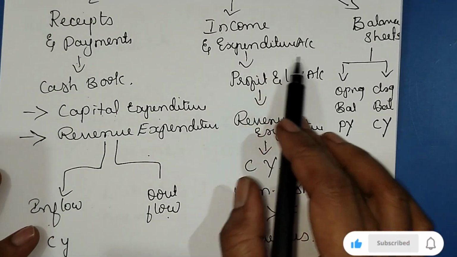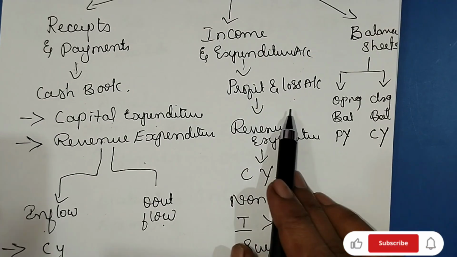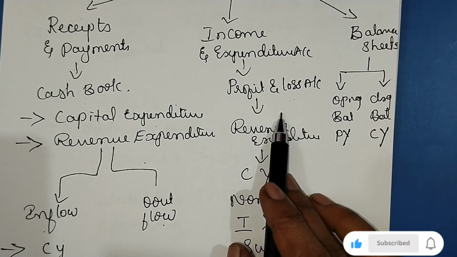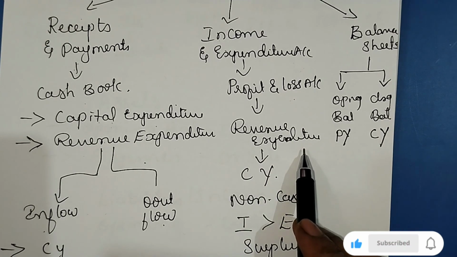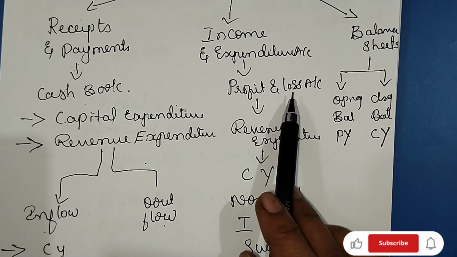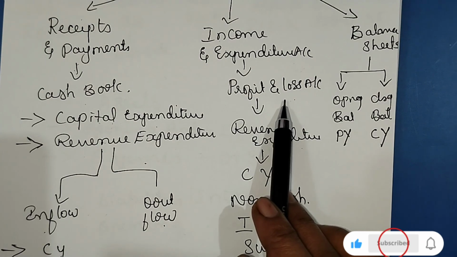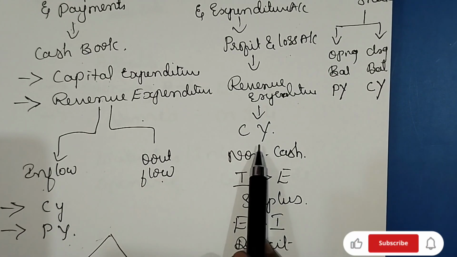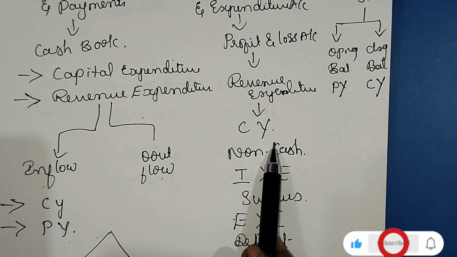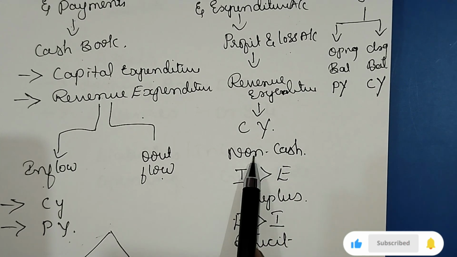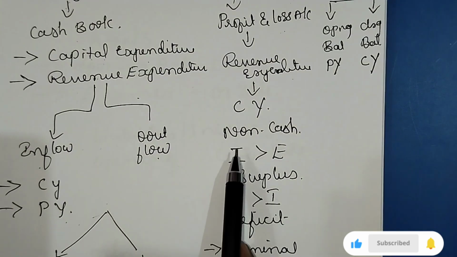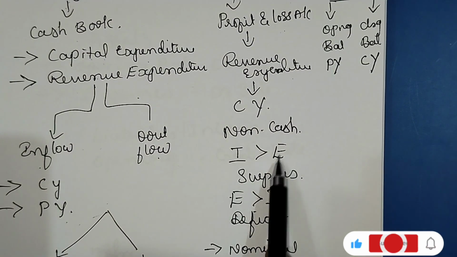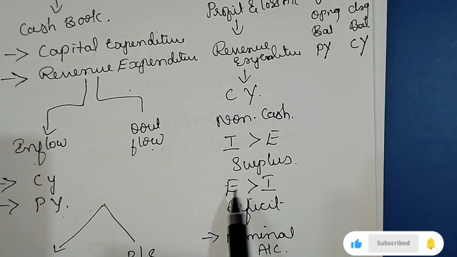Now income and expenditure account is similar to the profit and loss account, and here we are recording only the revenue expenditure. We are not showing any capital expenditures under the income and expenditure account. Current year transactions we are recording, and here we are also considering non-cash expenses like depreciation. When income exceeds expenses, it is called surplus.